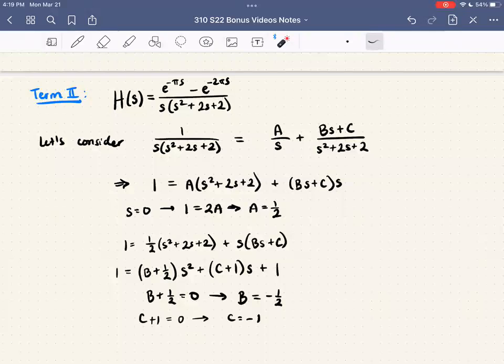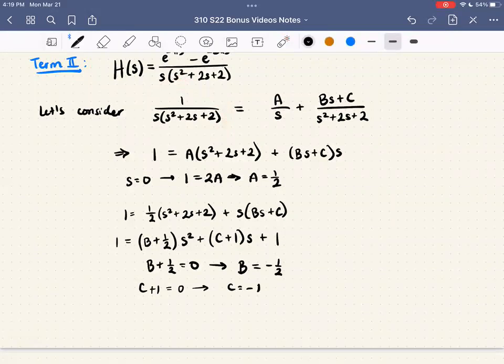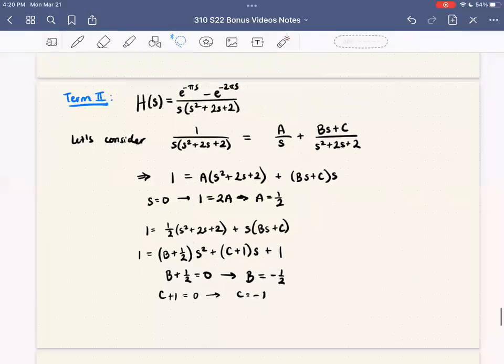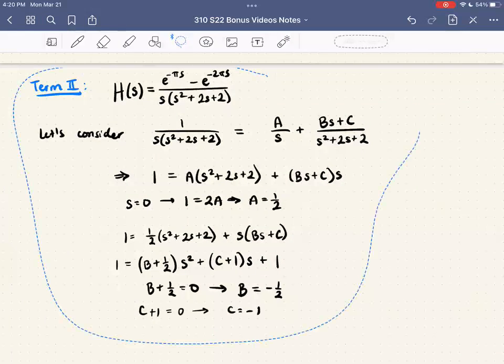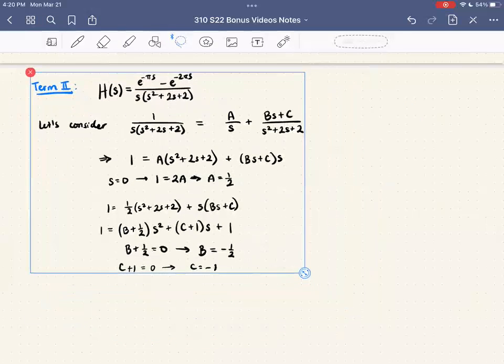So let's write out what this expression looks like now with our values of A, B, and C. I'm actually going to make all of this smaller, otherwise I will run out of room. I'd like to keep some of this on the same slide.